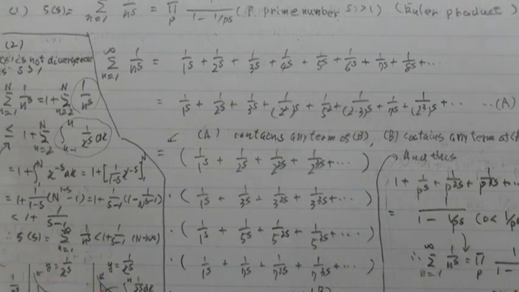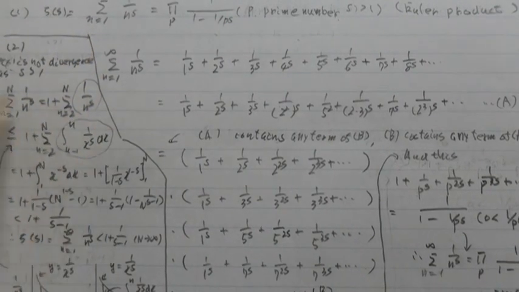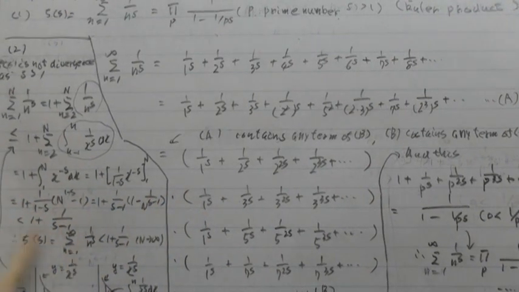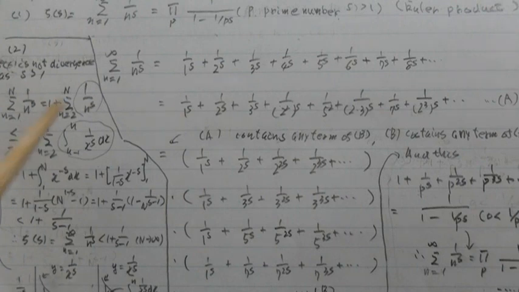Then the sum from n equals 1 to n of 1 over n to the s is smaller than 1 plus 1 over s minus 1.